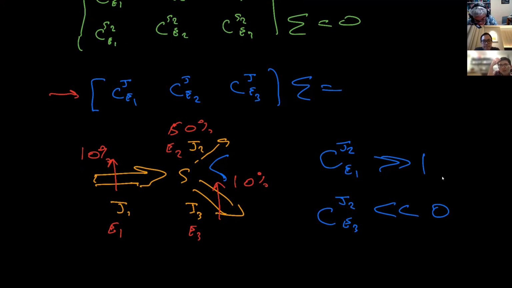But why the control coefficient of J2 with respect to E1, but not with respect to E2 and E3? Well, I can write them all down. I just didn't. The others are not so interesting. I can write J1 with respect to E1, but that's not so interesting. I can also write down C J2 E2. That's also not very interesting. Why is J2 E2 not interesting?